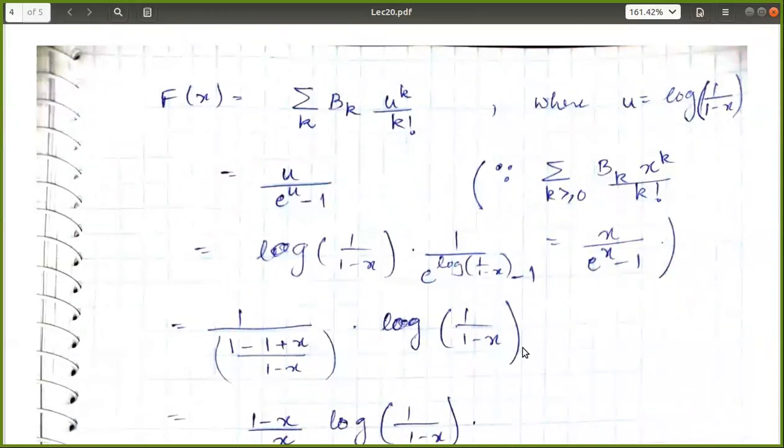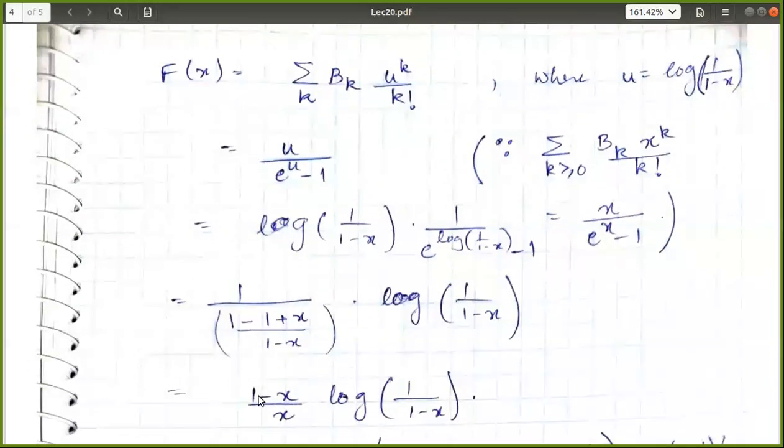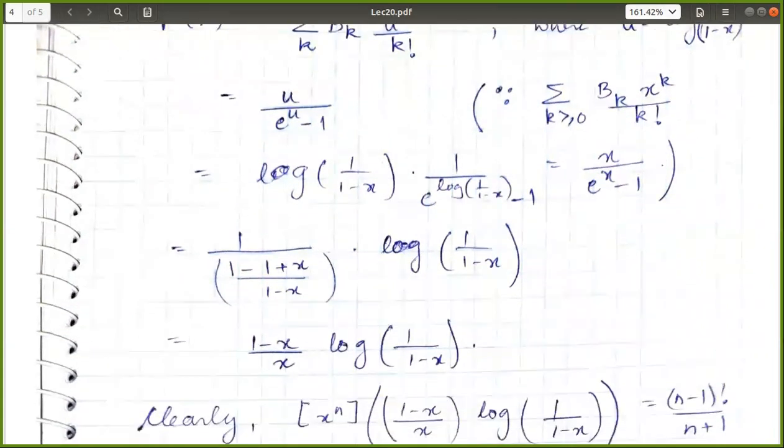So then you are actually left with 1 minus x over x times log of 1 over 1 minus x. And now you know the expansion for log x, right? The series expansion. And then with this product, you can find out the coefficient of x raised to n in this.